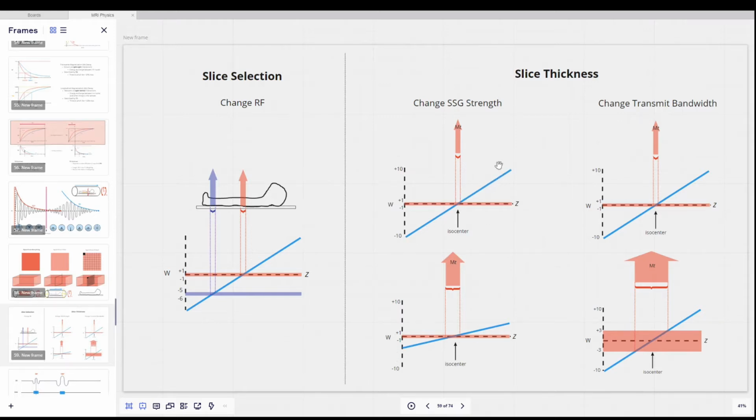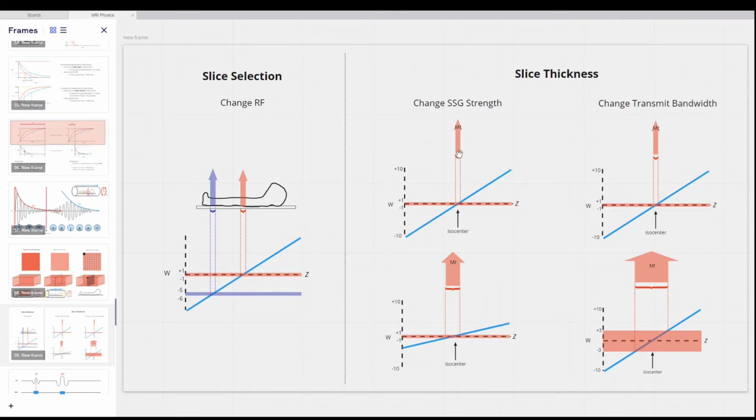And the effect of that, with a steeper gradient, if you set your range for your RF to be between +1 and -1, well, that's going to occur over a smaller distance, right? Because you have a steeper gradient, you have a greater rate of change from the patient's foot to the patient's head. And so as a result, that range of frequencies is going to occur over a smaller part of the patient.